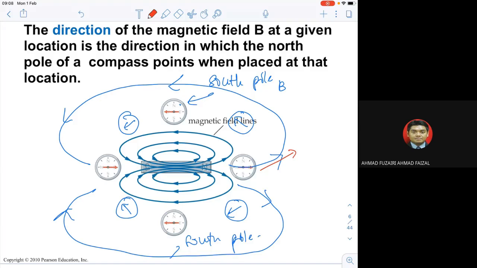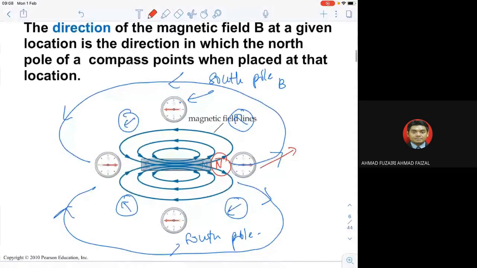Coming out from the north pole. So this is your north pole. The magnetic field lines go out from the magnet at the north pole, and we put another compass here. Look at the direction of the red arrows: the pattern is going out from the north pole and going into the south pole.